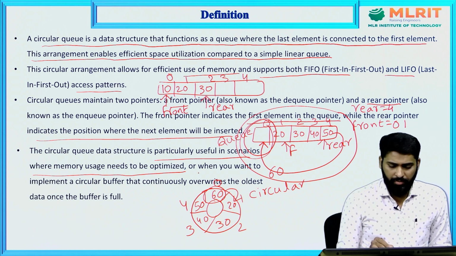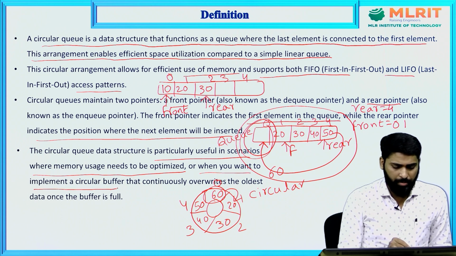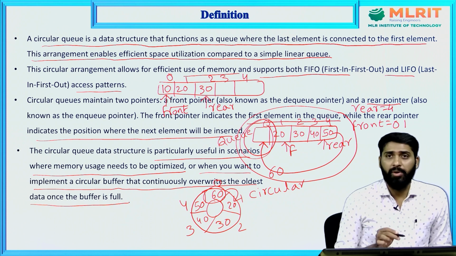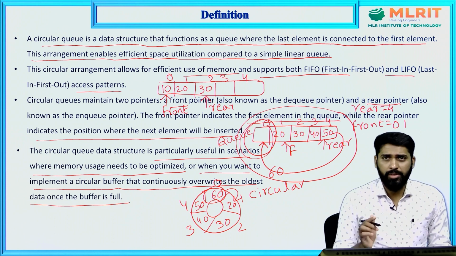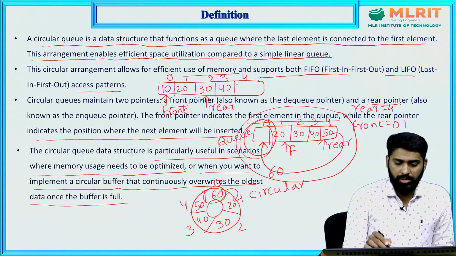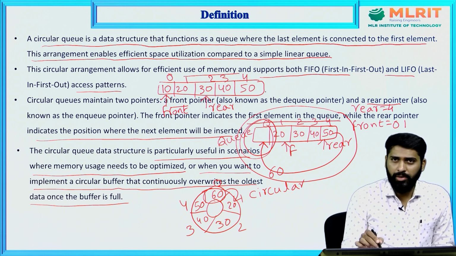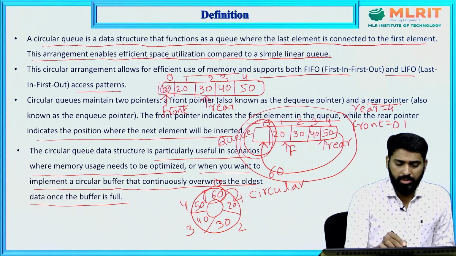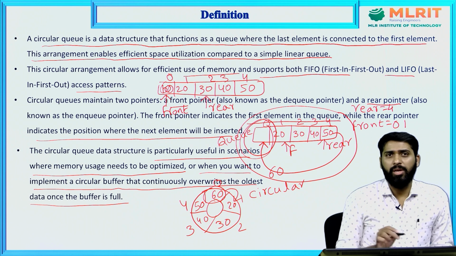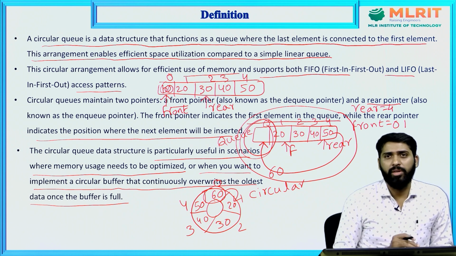It is also used when you want to implement a circular buffer that continuously overwrites the oldest data once the buffer is full. For example, this is the data inserted; now if I want to insert, I just replace this. That is a circular buffer, which overwrites the oldest data once the buffer is full.